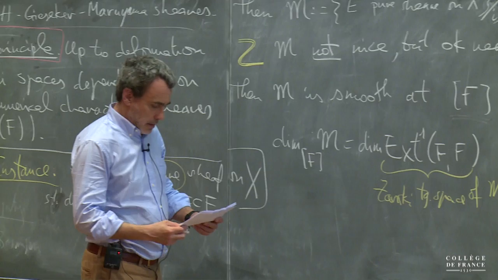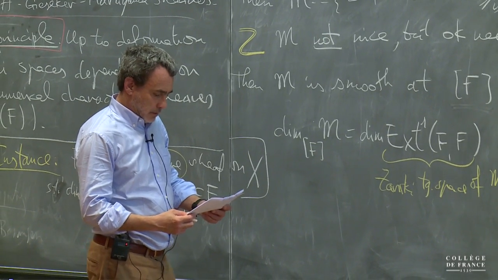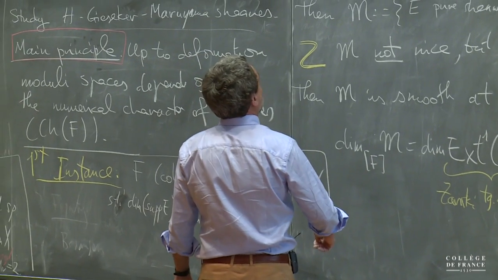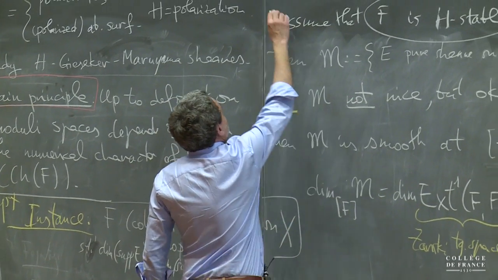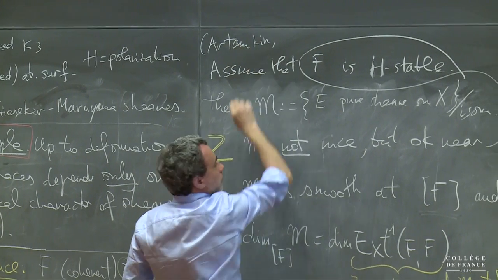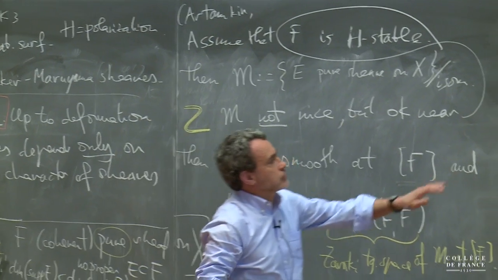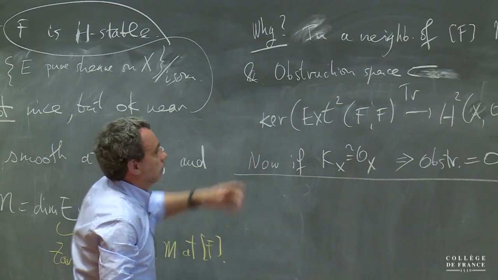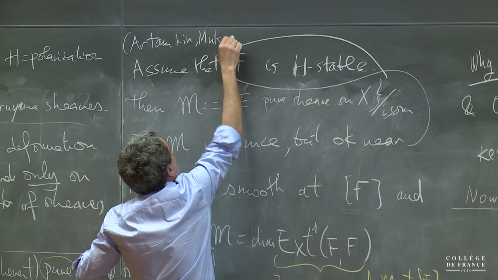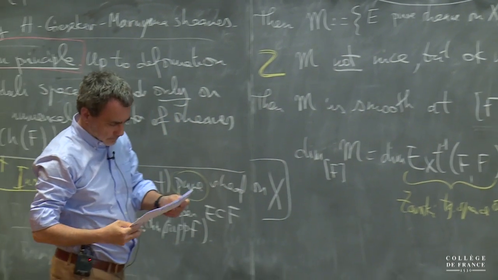I'm sorry, this is a theorem. The point is to show that the obstruction space is in here. This is a theorem. I'll try to give references, though I certainly will forget some.